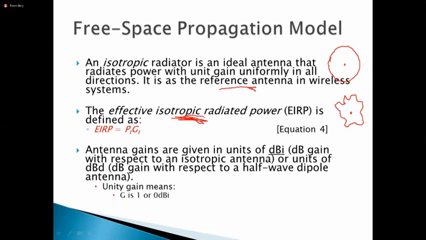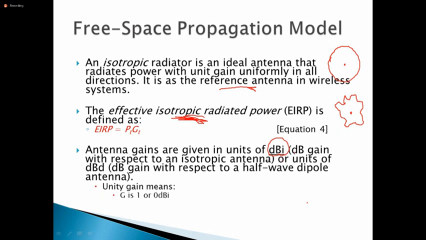Then we have the antenna gains are given in unit dBi. සාමාන්‍යයෙන් antenna gains අපි දෙන්නේ අපි දැන් dBm dBw ඔය වගේ දේවල් ගැන කතා කරන්නේ, antenna gain එකක් දෙන්නේ dBi වලින්. Okay, dBi means dB gain with respect to isotropic antenna. Isotropic antenna එකේ gain එක එකයිනේ. අන්න ඒකට සාපේක්ෂව අපේ practical antenna එකේ gain එක කොච්චරද කියන එක දෙනවා dBi වලින්.